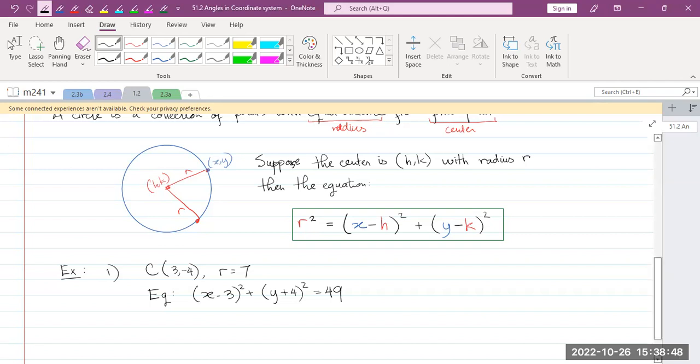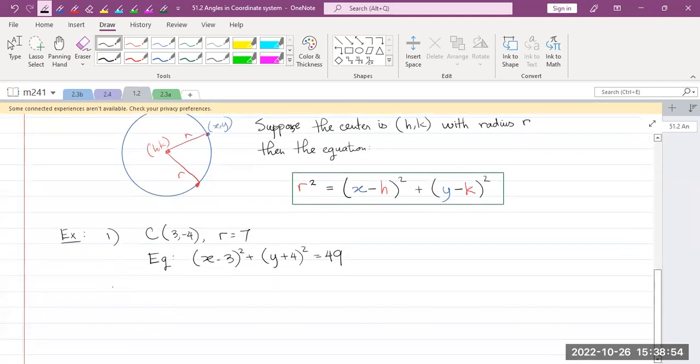In fact, how about going backward? Suppose we know the equation. From the equation, can we tell the center and the radius? Suppose the equation is (x + 2)² + (y - 7)² = 12.